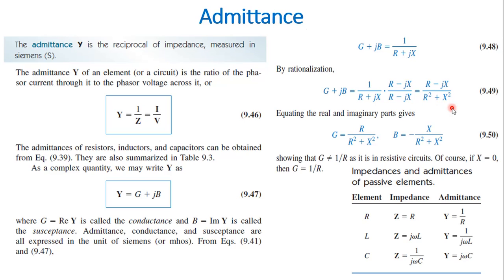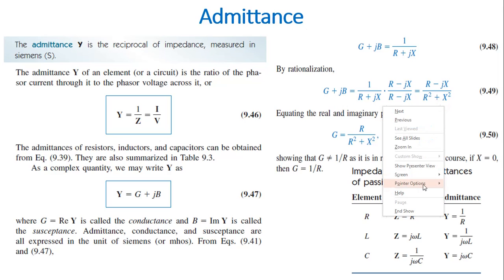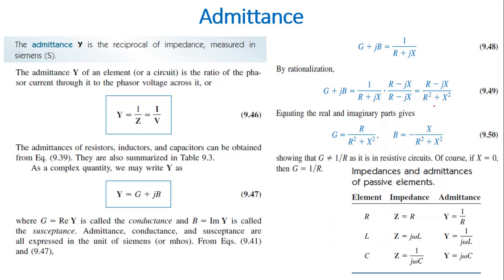Now let us equate the real and imaginary parts. The real part gives G equal to R by R square plus X square.